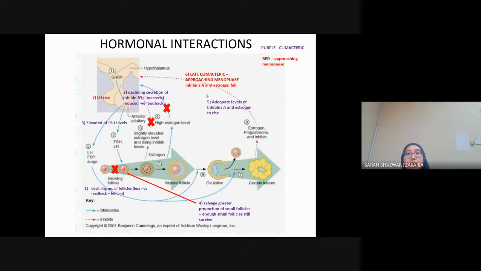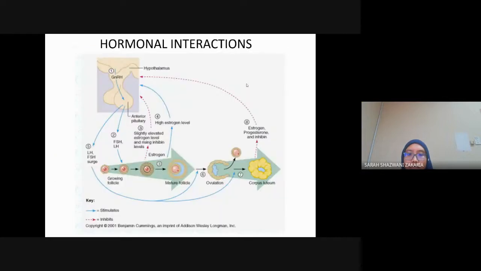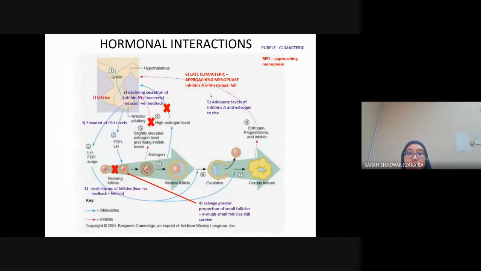But approaching the menopause, number 6 here, the late climacteric, what happens is that the inhibin and the estrogen also fall, because there are no more follicles. Before this it was 10, 10, 10, then towards the end 15, but the number of follicles is decreasing.